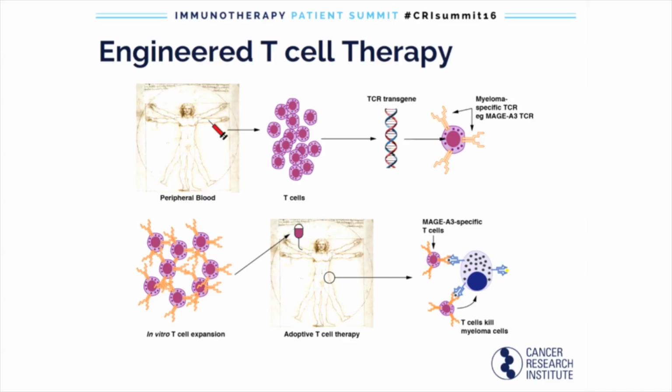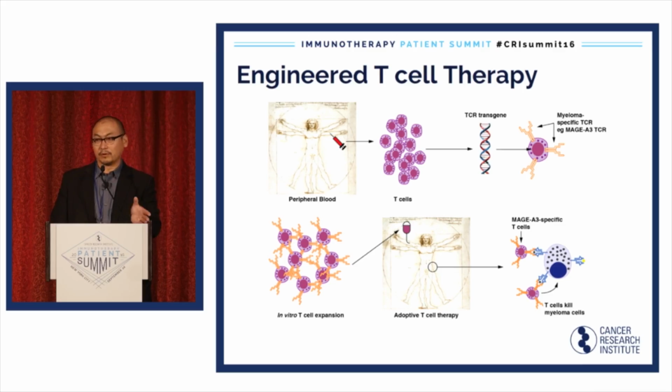Engineered T-cell therapy takes this one step further by taking peripheral blood from patients who have cancer, isolating their T-cells, and then putting a gene into those T-cells so that those T-cells will express a new receptor. So sometimes that's a T-cell receptor gene, which is specific for a tumor antigen, such as MAGE-A3.